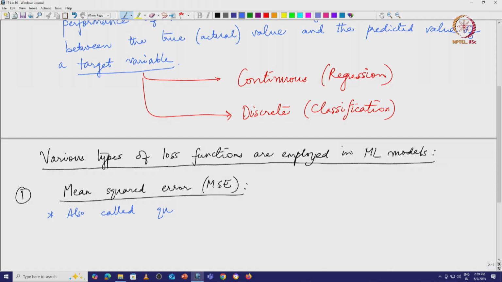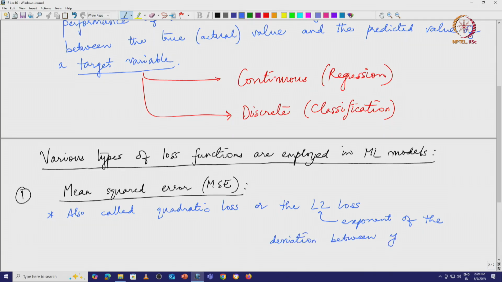Now, this mean squared error is also called the quadratic loss or the L2 loss, and this 2 here indicates the exponent of the deviation between the actual value yi and the predicted value yi hat.